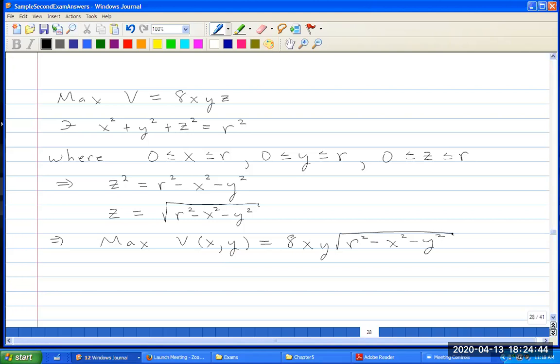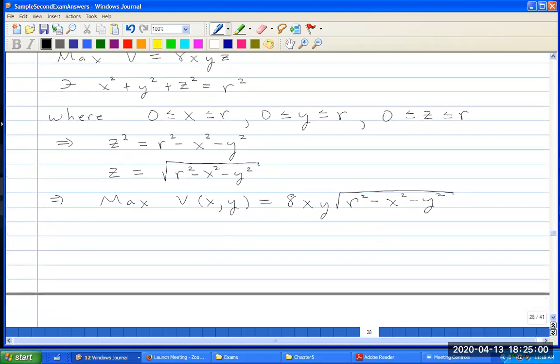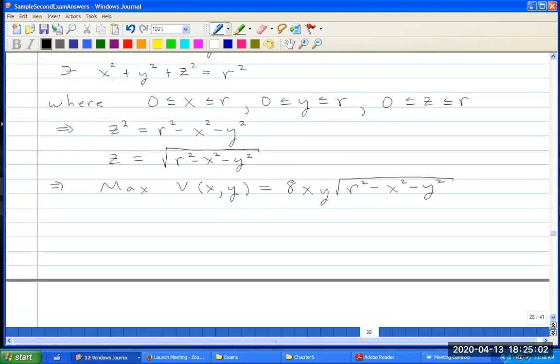So I want to maximize this. And so let's find the critical values for this function. And then let's look at the Hessian and see if it's positive definite, because we want to maximize this function.